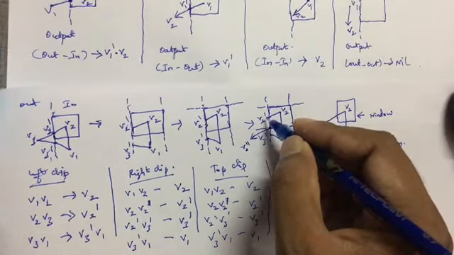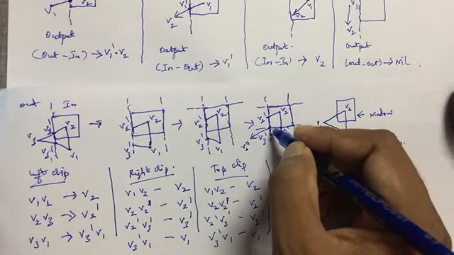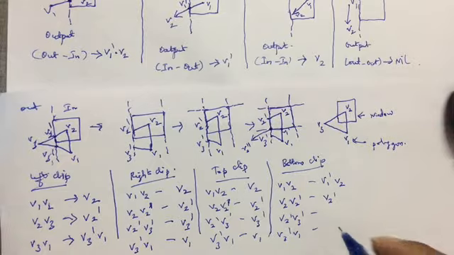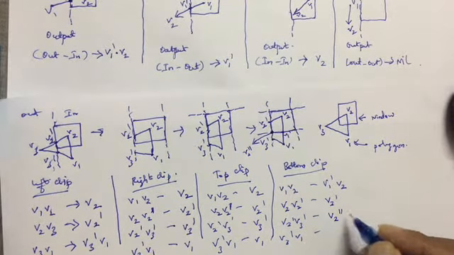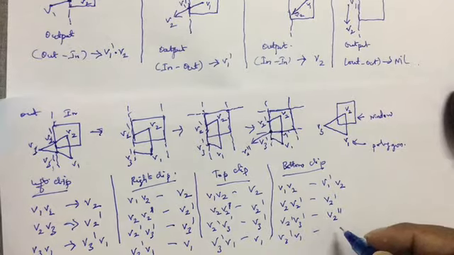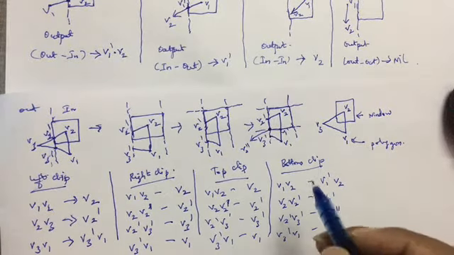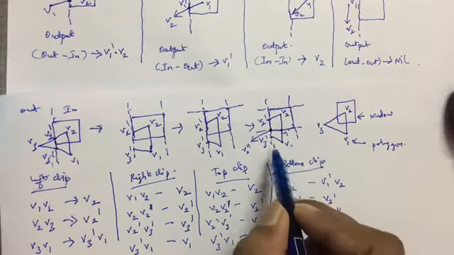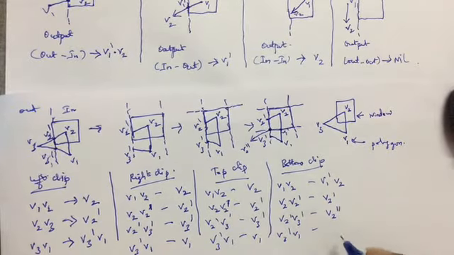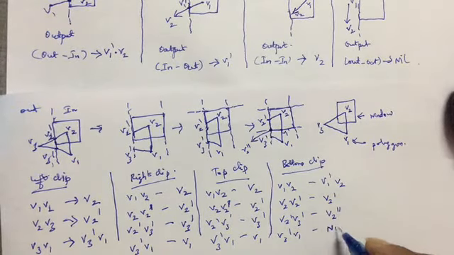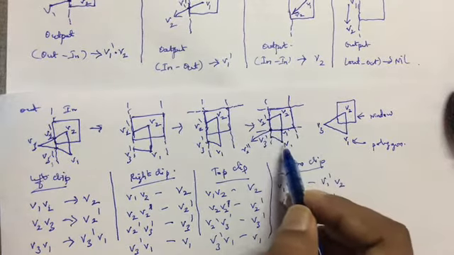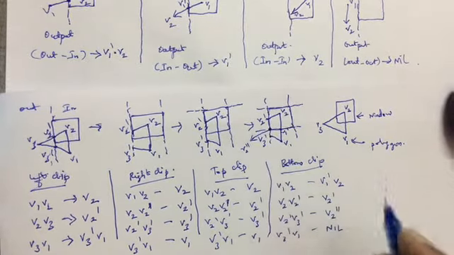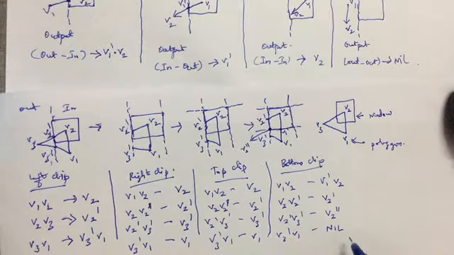Originating point is V2 dash, and the intersecting point is V2 double dash. And then the last edge, V3 dash to V1 dash, the output will be nil, because both the originating point and the end point are outside the window.